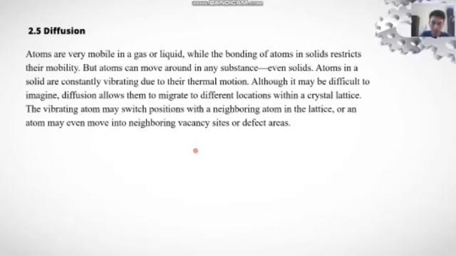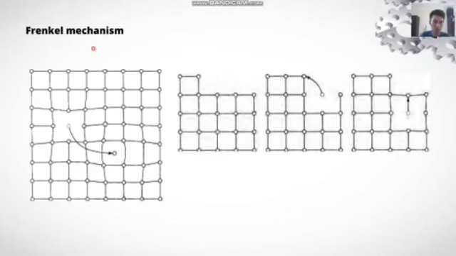Although it may be difficult to imagine, diffusion allows them to migrate to different locations within a crystal lattice. The vibrating atom may switch position with a neighbor atom in the lattice, or an atom may even move into neighboring vacancy sites or defect areas.